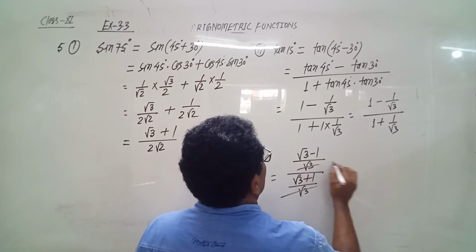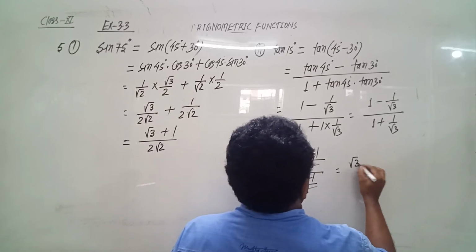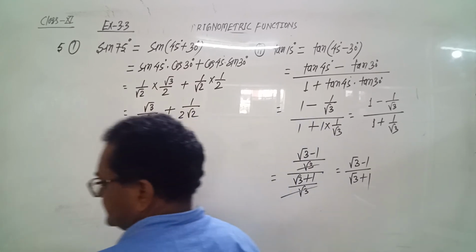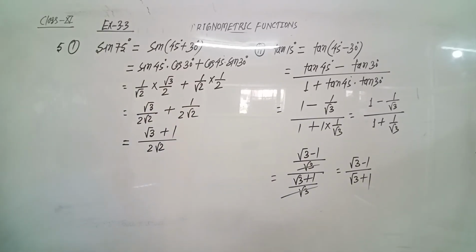And root 3 and root 3 cancel, and we get (root 3 minus 1) upon (root 3 plus 1). The value of tan 15 degree is (root 3 minus 1) upon (root 3 plus 1).